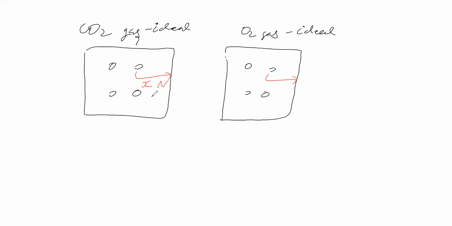Both ideal means no interaction here, no interaction here. It is an assumption. Not practically, not the real situation. We are assuming that carbon dioxide is an ideal gas and oxygen gas is also an ideal gas, and as per the assumption we are discussing.